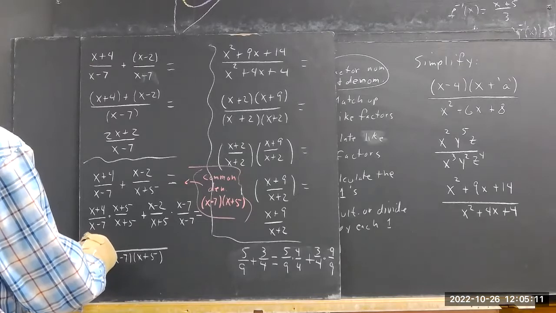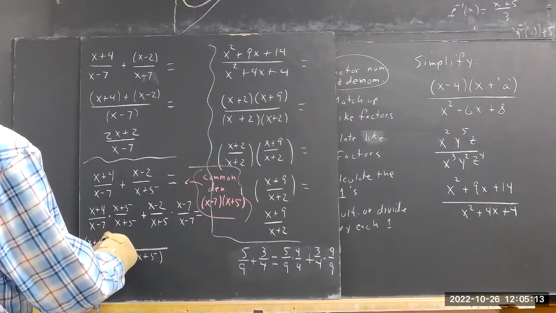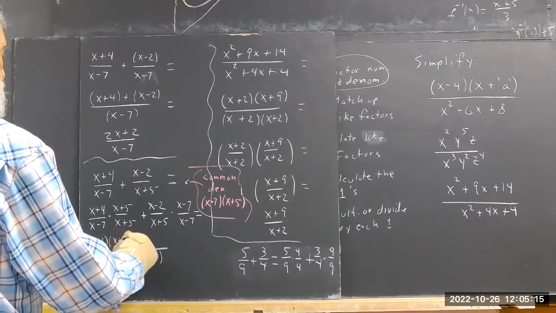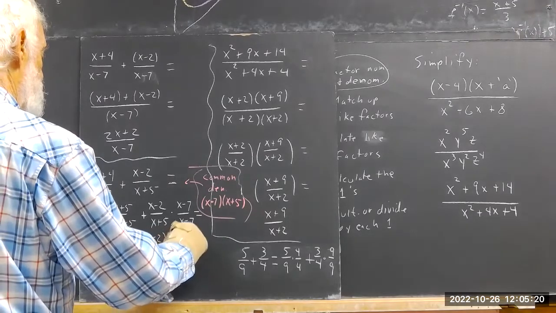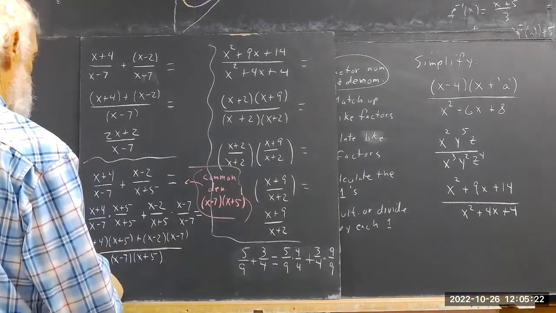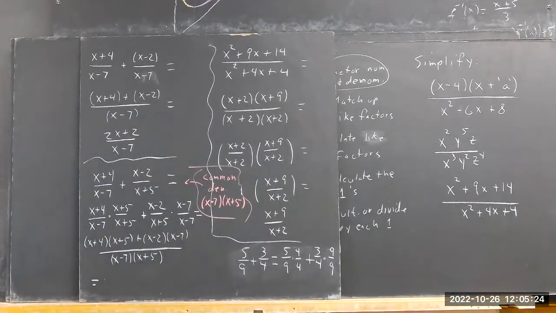Now I'm going to write it all out. x plus 4 times x plus 5, added to x minus 2 times x minus 7. What's that equal?